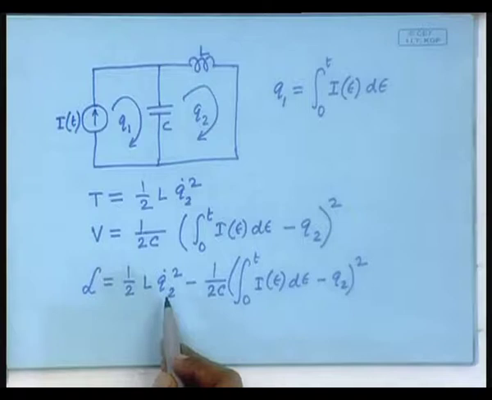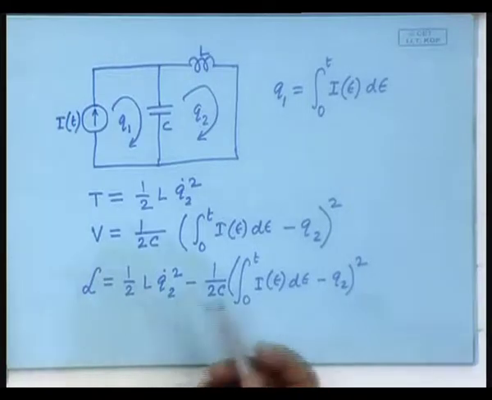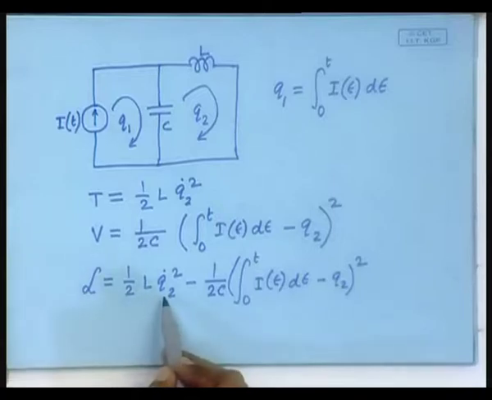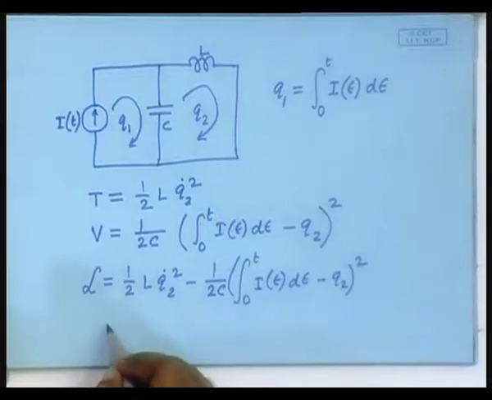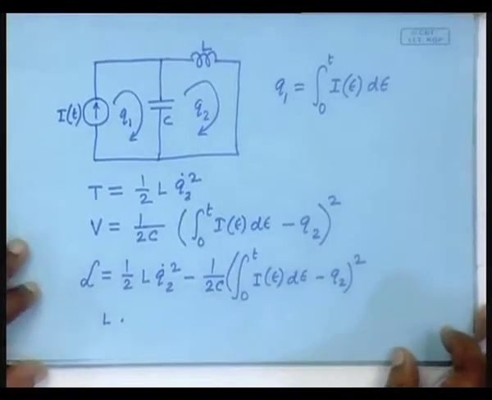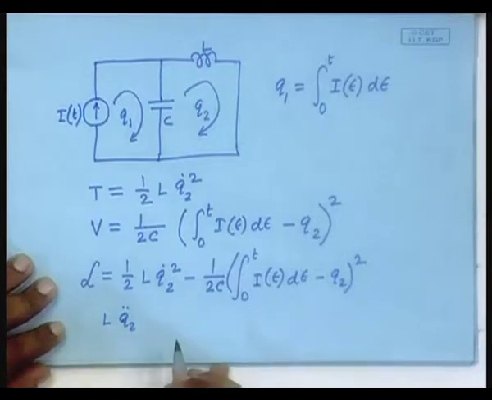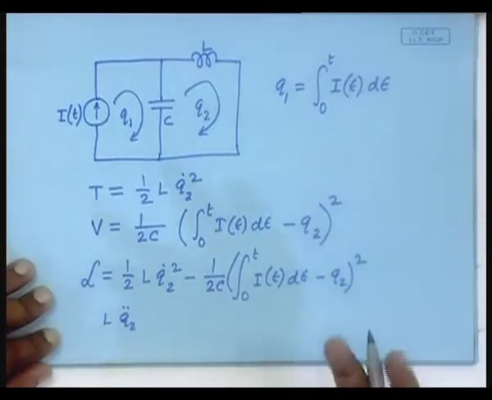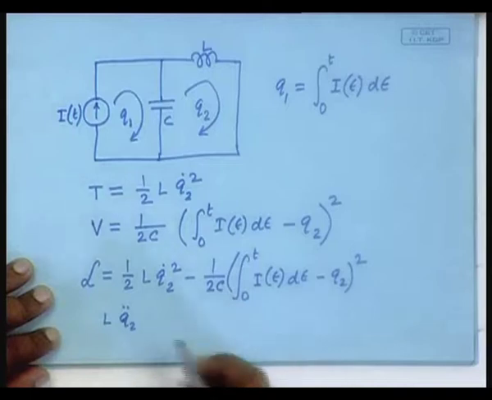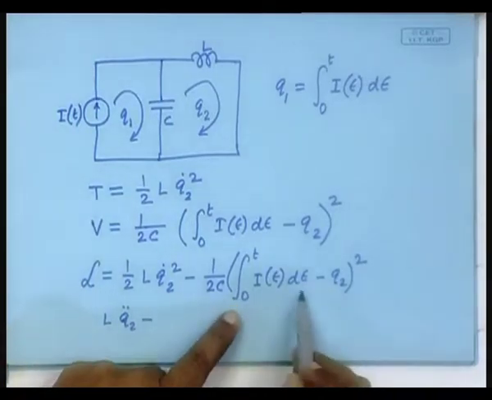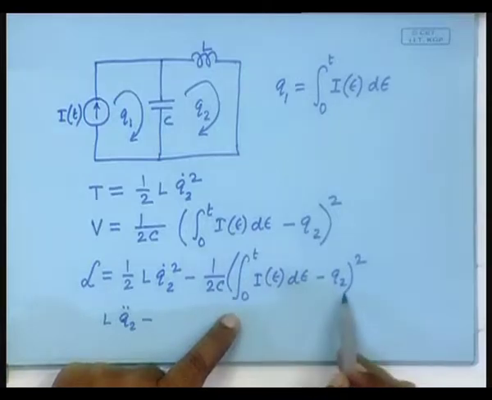The equation will be first d/dt of the derivative of the Lagrangian with respect to Q2 dot, it will be L Q2 double dot, can you see? Yes, L Q2 double dot minus, now this fellow just expand it, first it will be this square plus this square minus twice this.